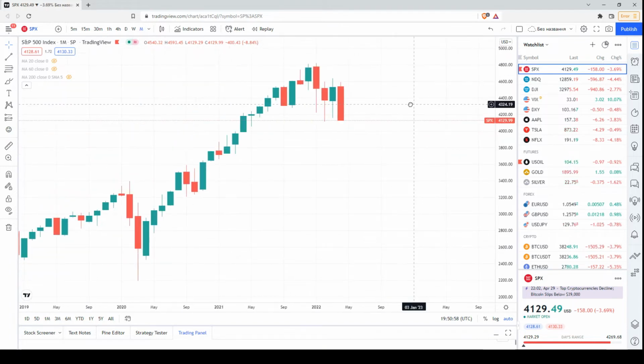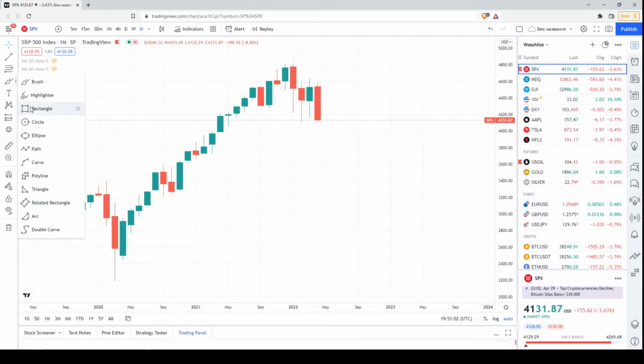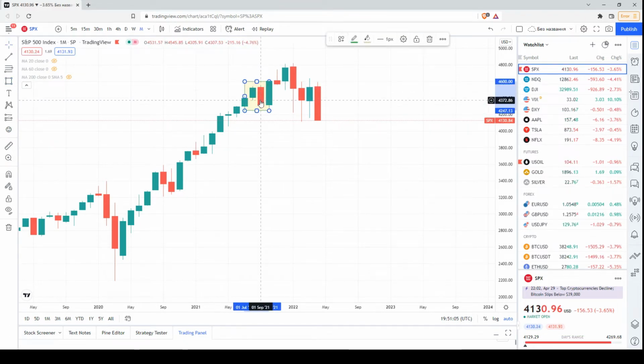Okay, this is the monthly chart. Here we had a bearish engulfing. That was the bearish engulfing that took place in September. So we know that at the end of September, the Fed made their announcement. However, the price rebounded and formed a bullish engulfing, and then the price started increasing, and the local high formed in December.